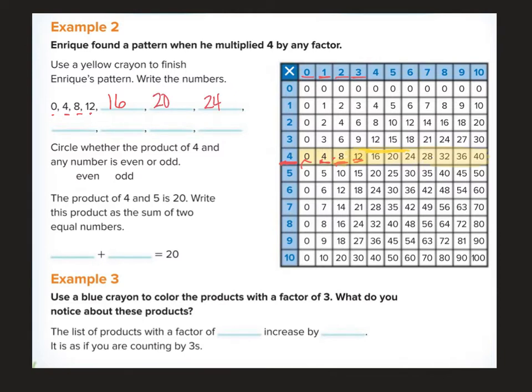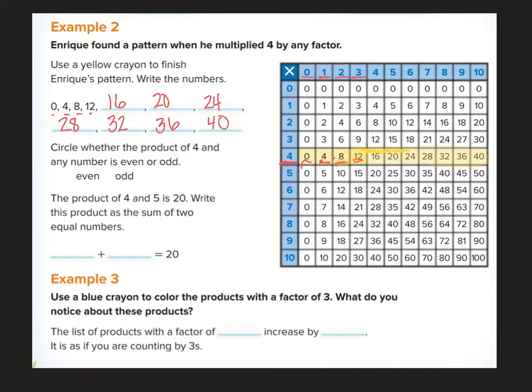I'm just adding 4 each time. 24 plus 4 is 28, 32, 36, 40.